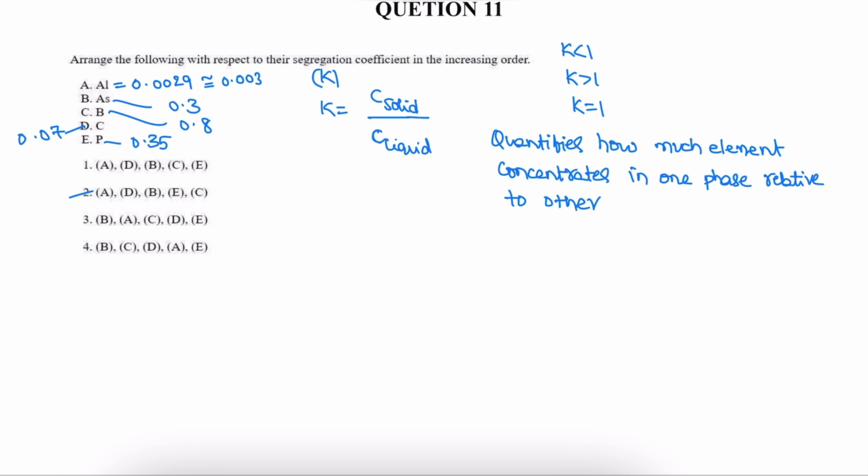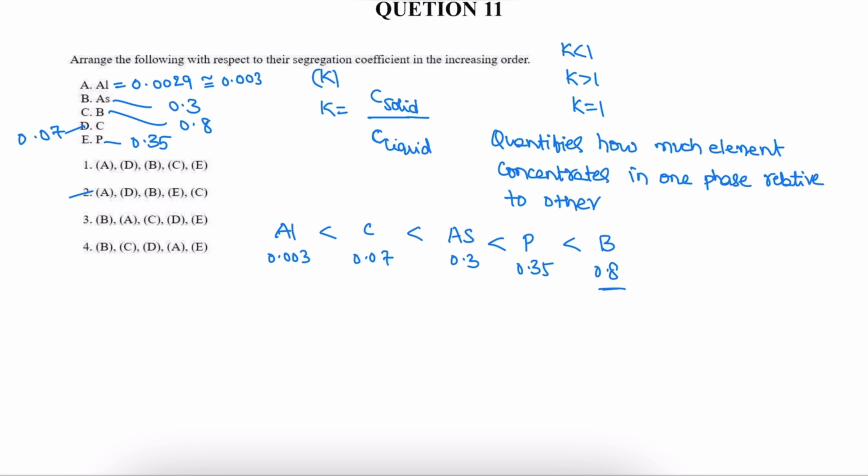The segregation coefficient of aluminum is very low, 0.003, less than carbon 0.07, less than arsenic 0.3, less than phosphorus 0.35, less than boron 0.8.